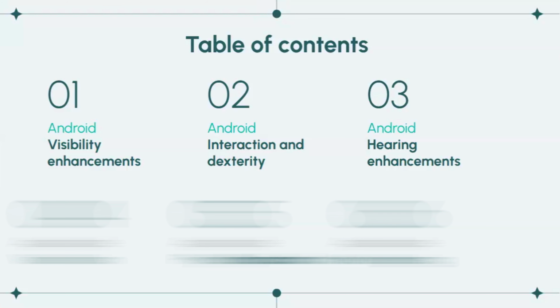There are also options for hearing aids and closed captions for videos, so people with hearing difficulties can enjoy content without missing out. Overall, these features support independence and make smartphones more user-friendly.